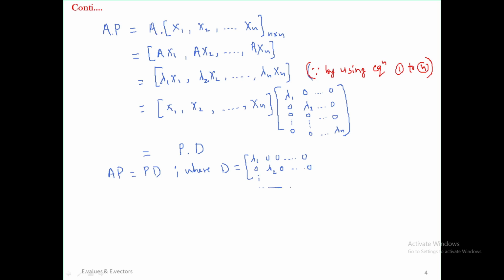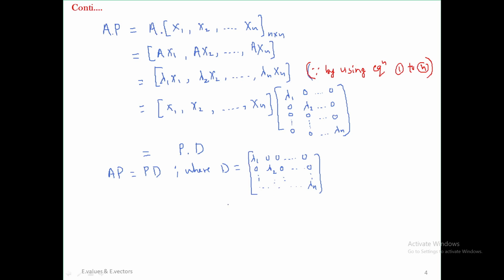Like this, the last entry will be lambda n. So this is a diagonal matrix, this is D. All these are just notations.